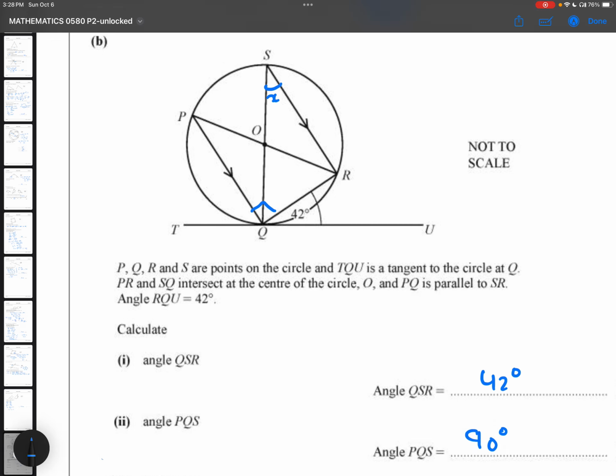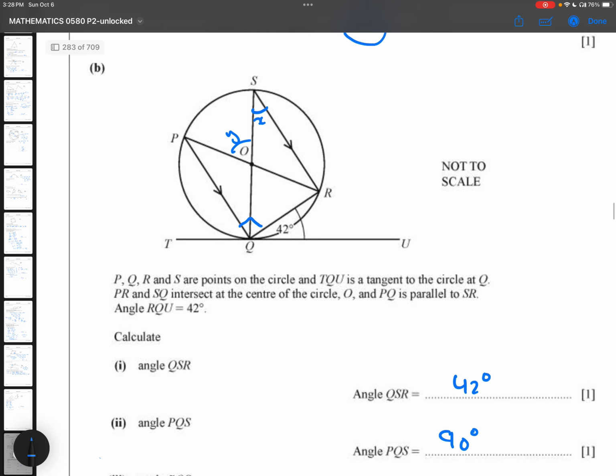We need to calculate this angle POS. Let's name it Y. This angle POS is the angle subtended by the chord PS, right?